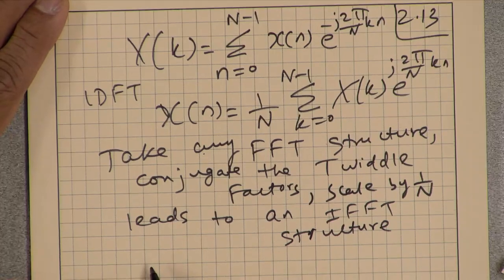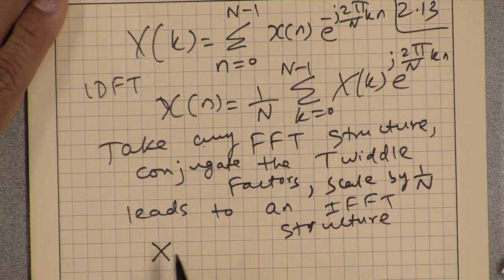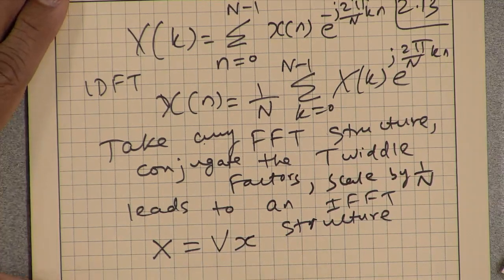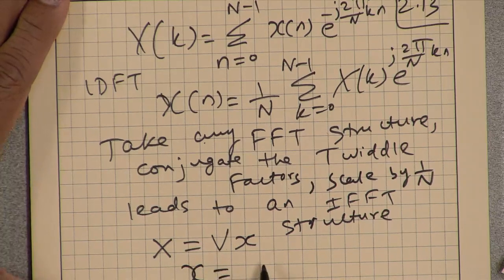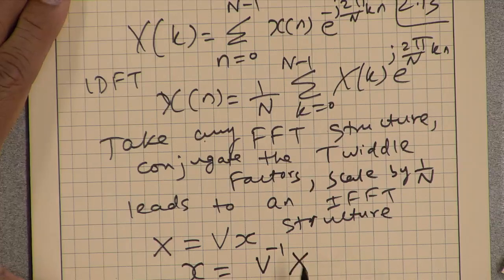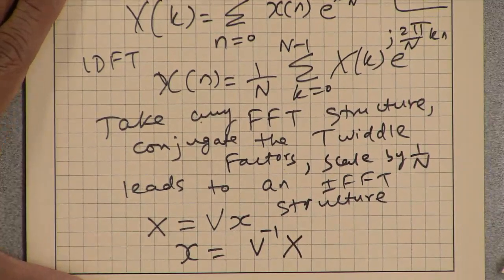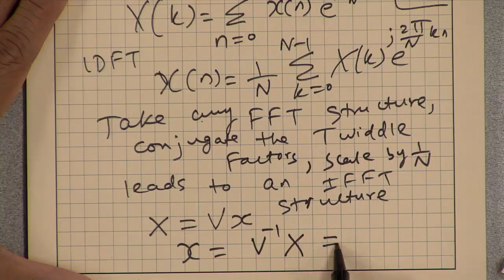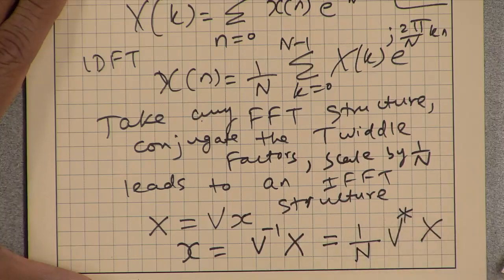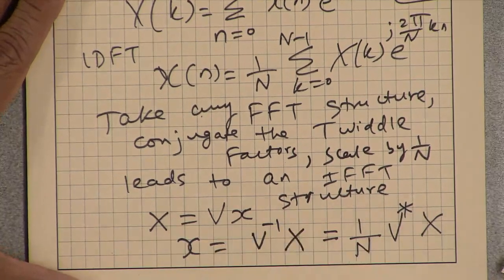If I describe it in matrix form, X was V times lowercase x, and x is going to be V inverse, that's the IDFT matrix, times capital X, and that is going to be 1 over N times V conjugate times capital X. So that's the matrix form.